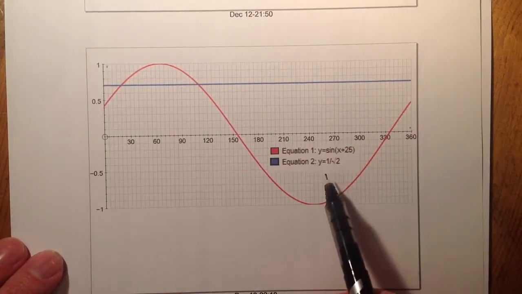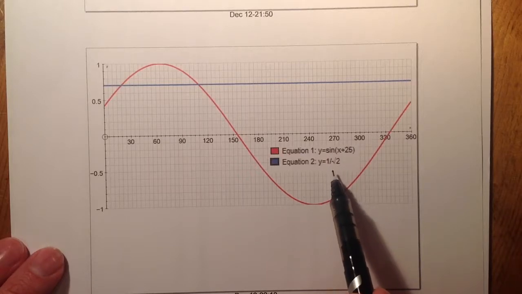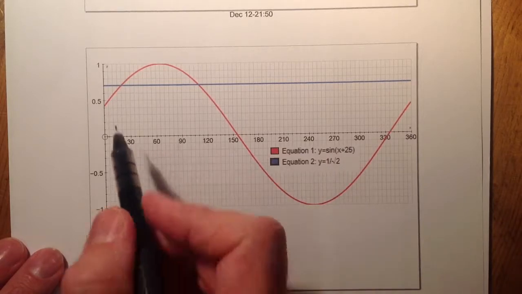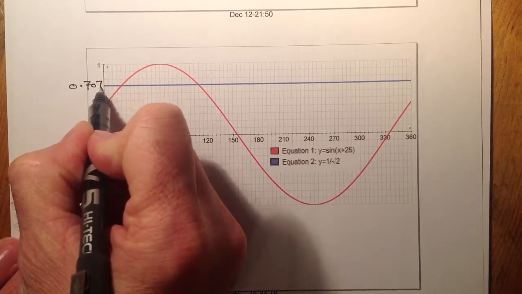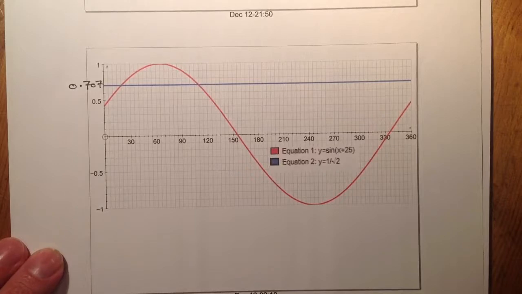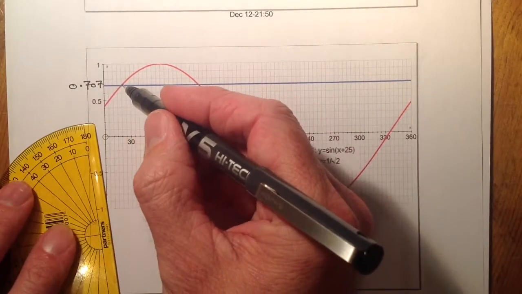I want to know whereabouts on the curve the value will be 1 over root 2. I've drawn a line here, and 1 over root 2 is similar to 0.707, and I'm looking to find where that hits the curve.